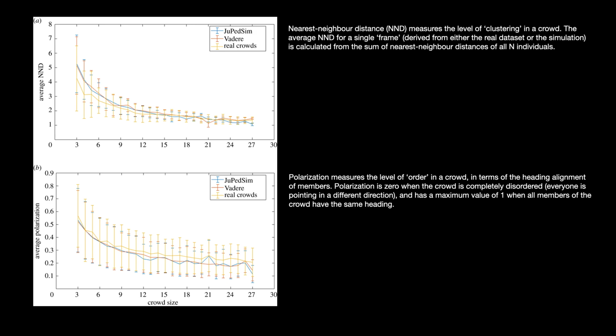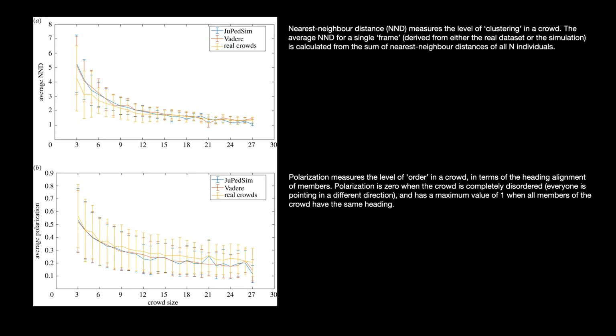So we essentially chose a bunch of real-world clips taken from the Edinburgh dataset, and then extracted the number of people visible and the entry time and the entry and exit point distribution and so on, and then basically simulated those scenarios.